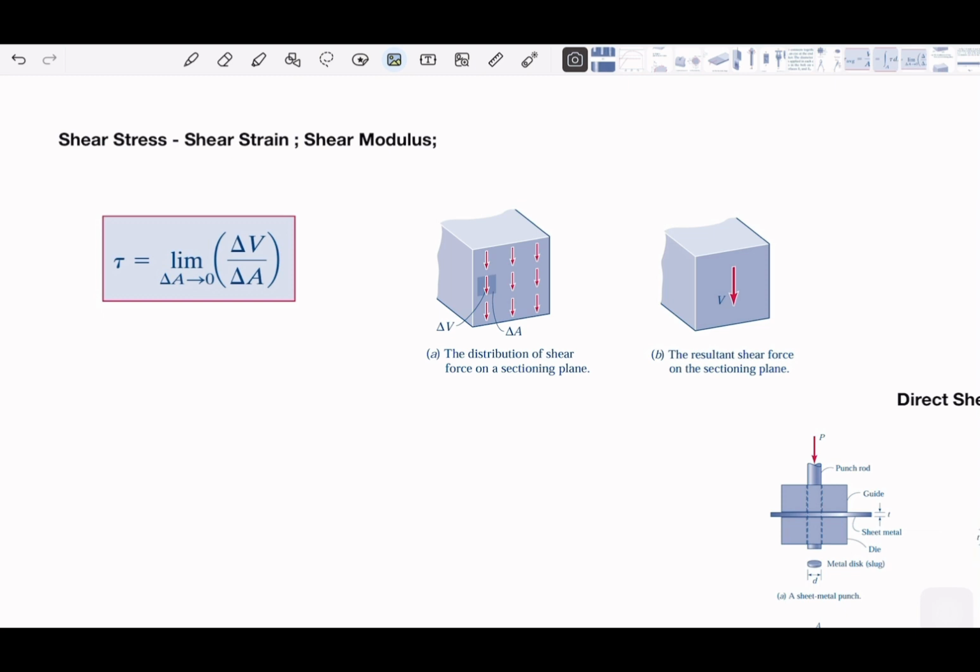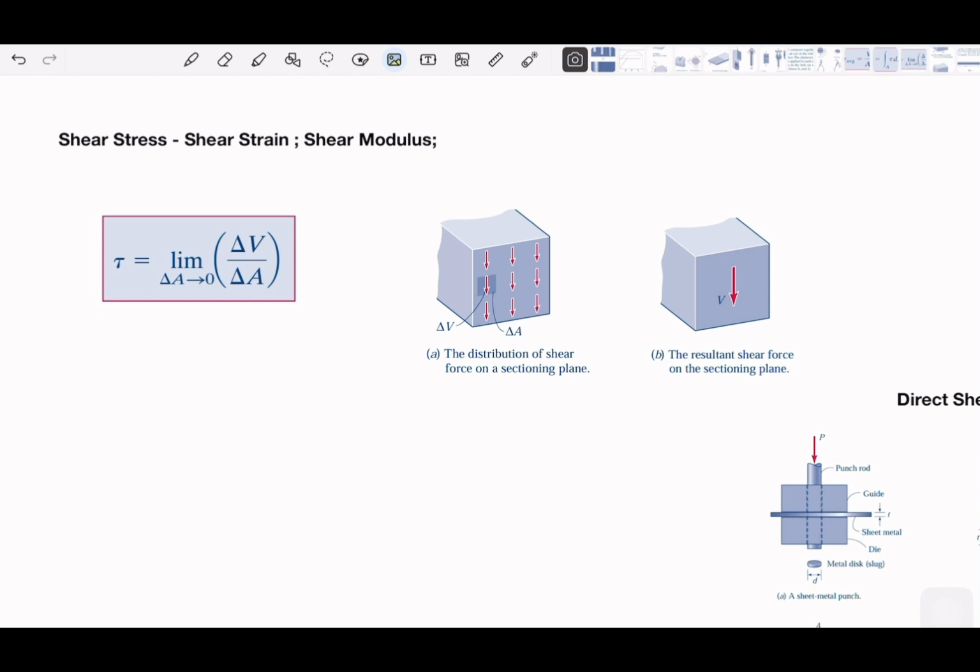Just to assume that they have a small element with a small distribution of the force, the shear force. So we could describe this with delta V, the shear force, divided by delta A, the cross section.